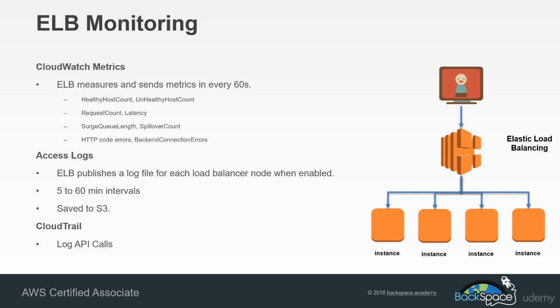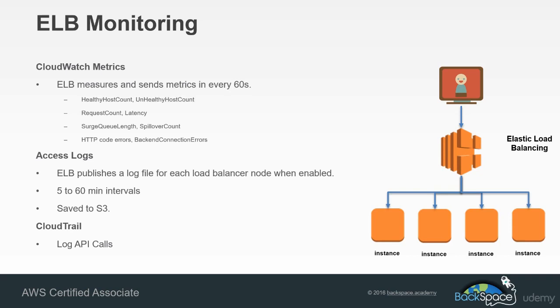That is the amount of requests that are piling up in the Elastic Load Balancer or behind it. It has a queue, but it is not an infinite queue. So it does come to a certain point where requests spill over and cannot be handled. So we have a surge queue length metric, and we also have a spillover count metric. And of course, our HTTP code errors and our back-end connection errors.